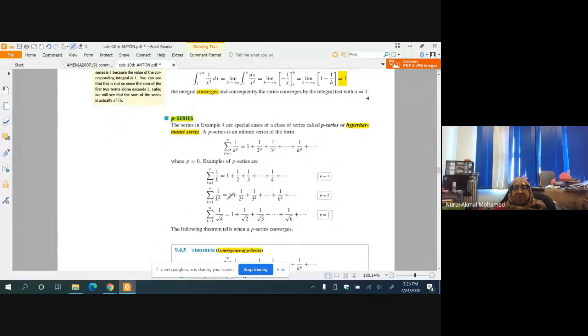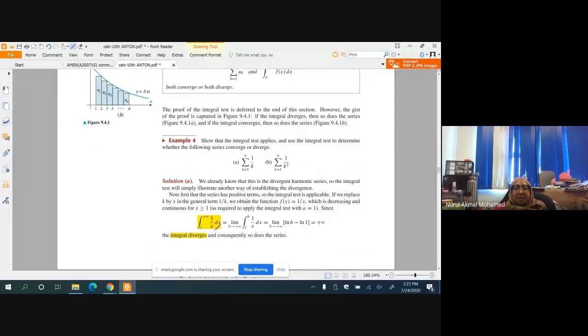Then you have the p-series. Before that, this is when we use the integral test. What happens if you use the divergence test? For the divergence test, u_k is equal to 1 over k.